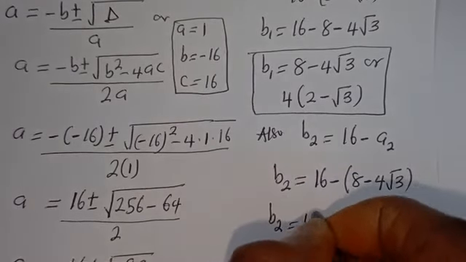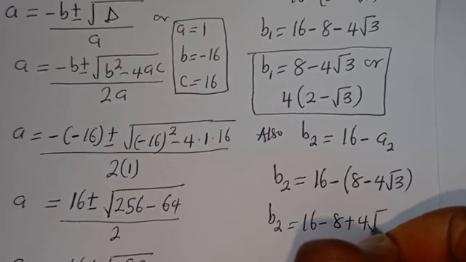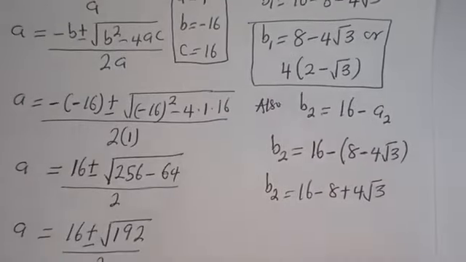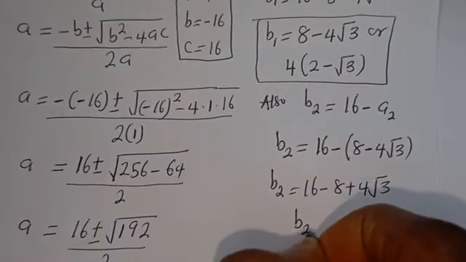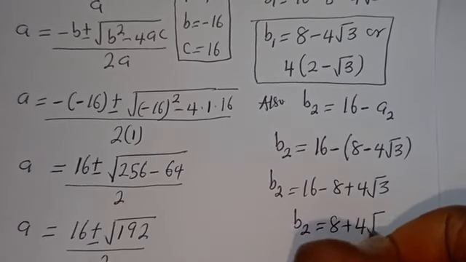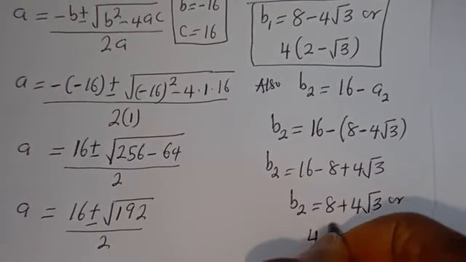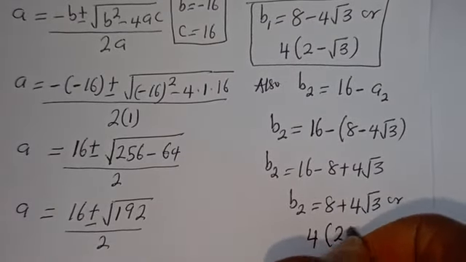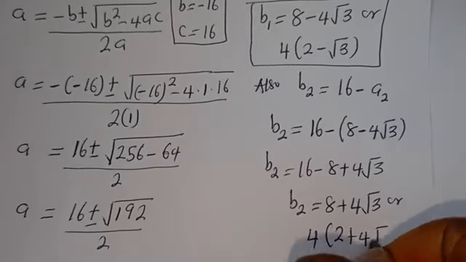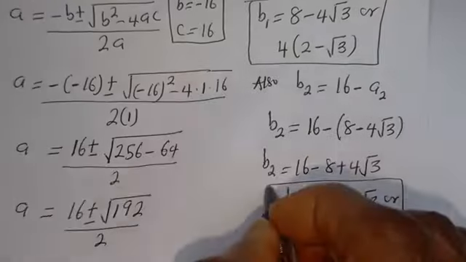B2 is equal to 16 minus 8 plus 4 root 3. B2 is equal to 8 plus 4 root 3, or 4 bracket 2 plus root 3. These are the values of B2.